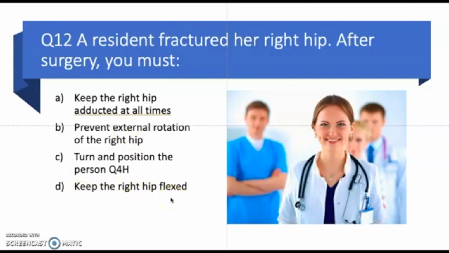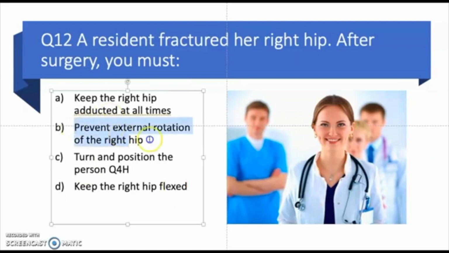Take a moment and think about it. So the correct answer is to prevent external rotation of the right hip. Therefore, you will prevent dislocation of the hip. That's the correct answer.